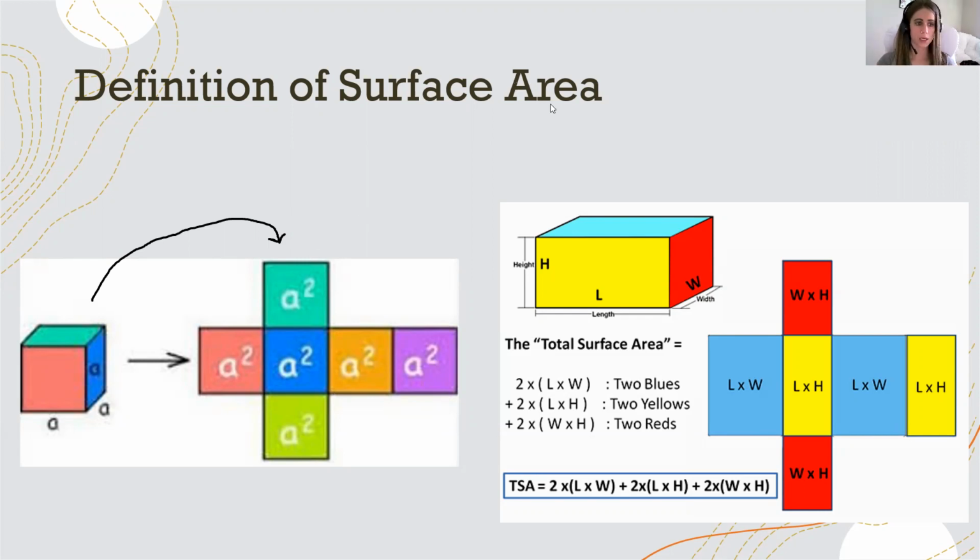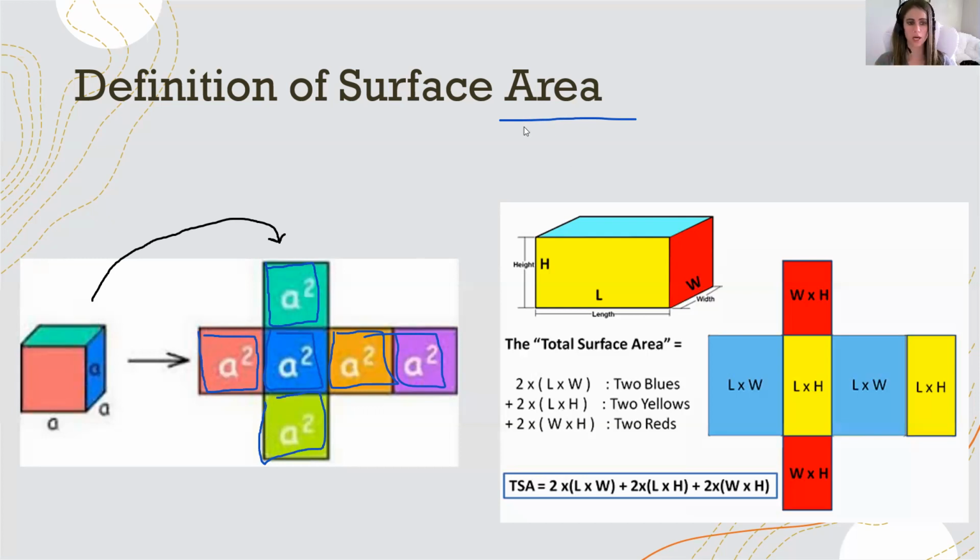Because you've worked with area before in 5th and 6th grade, area is the measurement inside a two-dimensional shape. So if we want surface area, that is going to be the area of all of our faces, is what these are called. All of these squares combined together will give us the total surface area, the area for the entire outside of a three-dimensional shape.